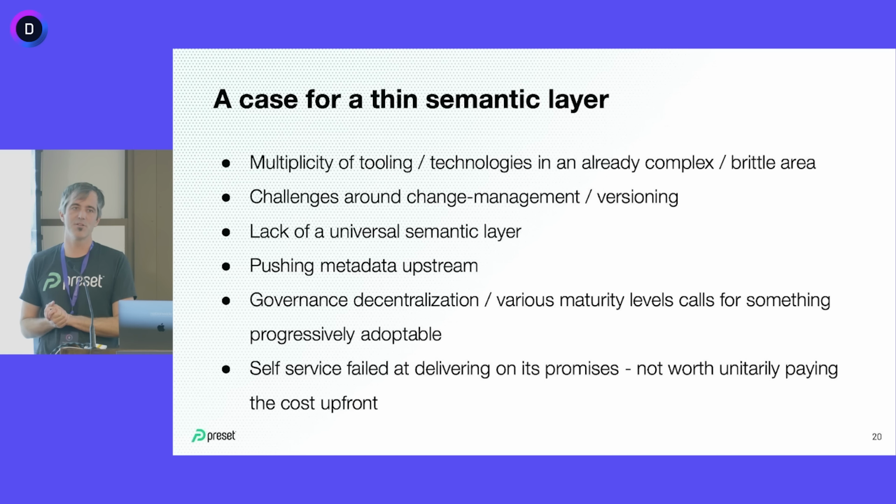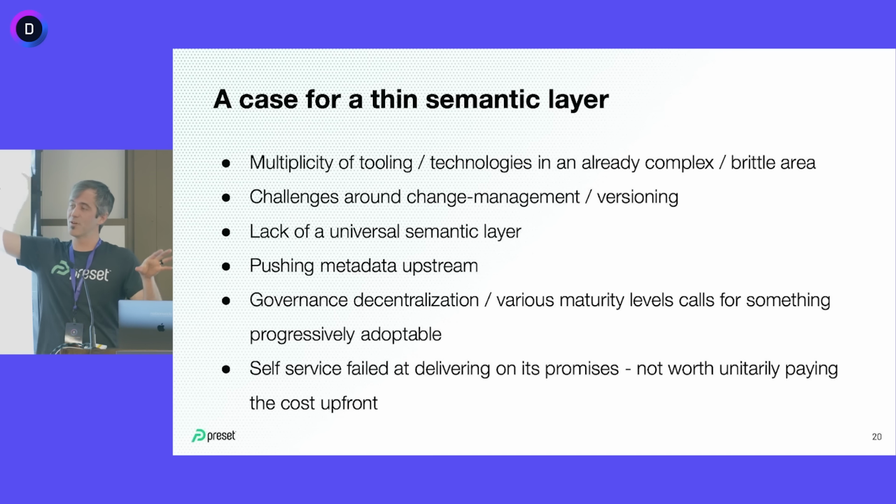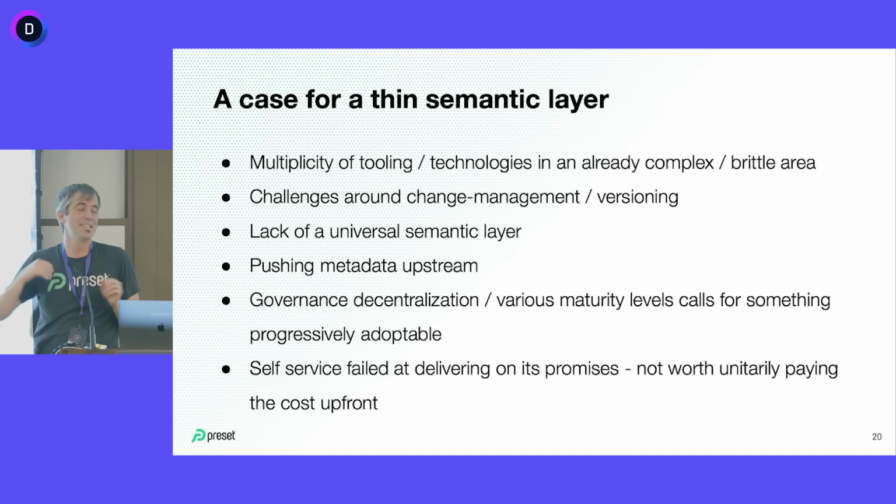So you all know as practitioners that change management in data is hard, right? You're evolving your pipelines, you're evolving your data structures, and you're evolving your data itself. That's challenging already as is. Change management is a huge burden and hard for data engineers. If on top of that you have some sort of semantic layer that is tightly coupled with the change, it just becomes really hard to keep and manage and sync this extra layer.